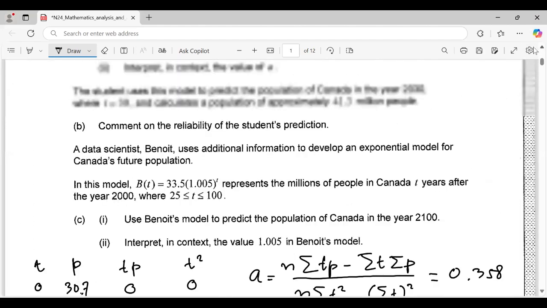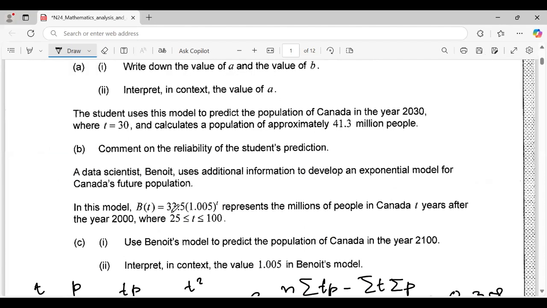Part C. Next, a data scientist, Benoit, uses additional information to develop an exponential model for Canada's population.